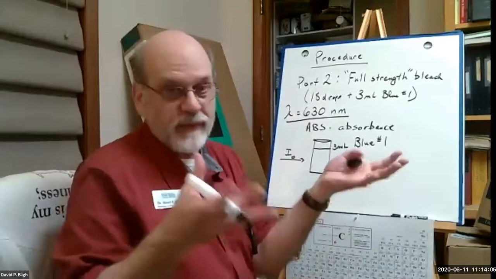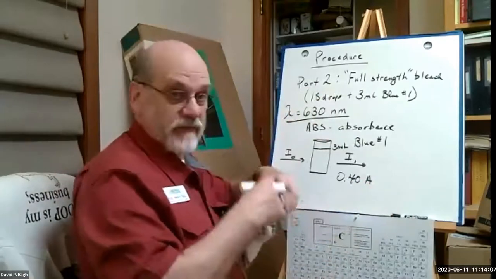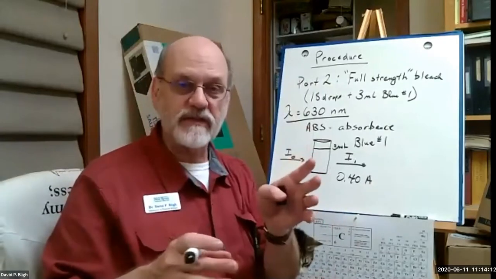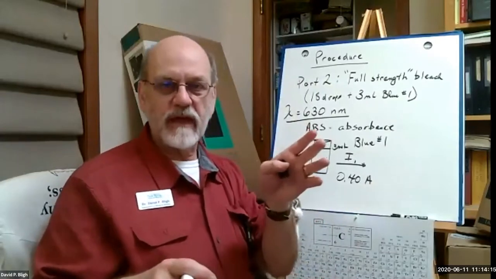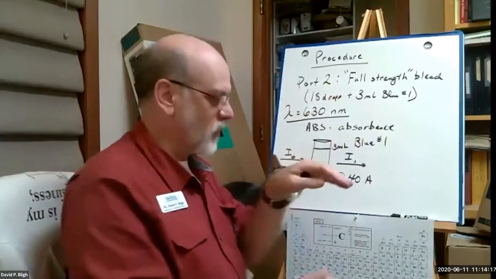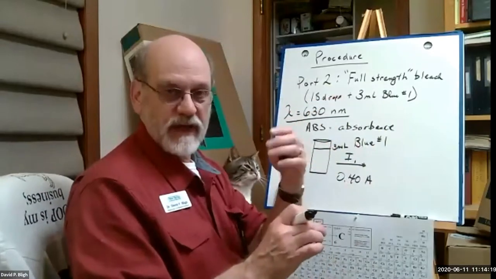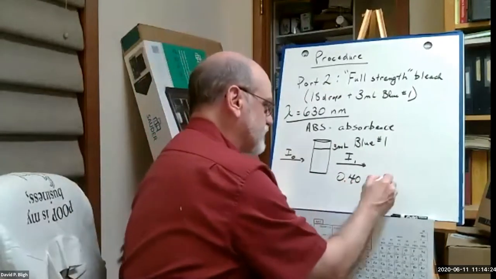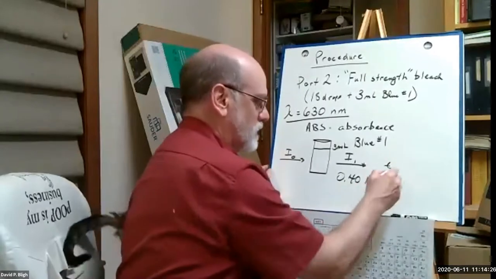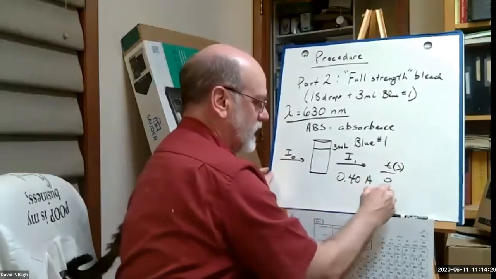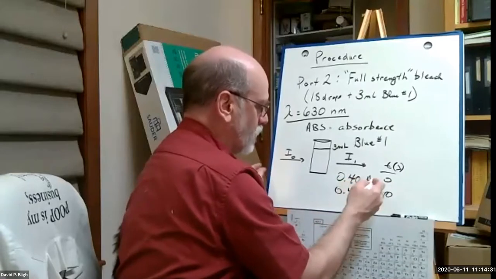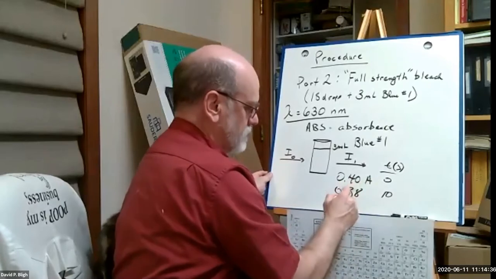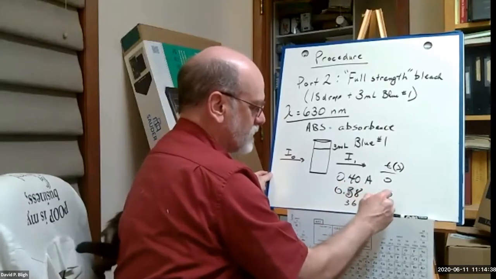And then after the next 10 seconds, whoever's got the timer says time, the other person reads the absorbance out, and the third person of your group records it, right? Every 10 seconds, so this is time 0 in seconds, and then at 10 seconds you might get 0.38, and maybe 0.36 for the next one, and it just keeps going.